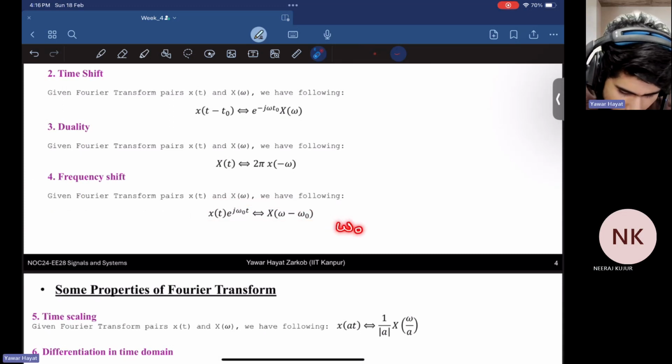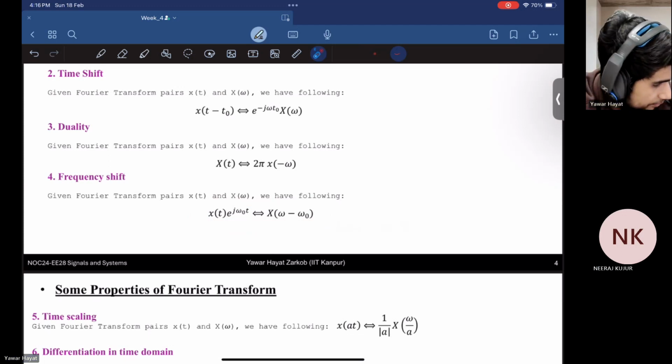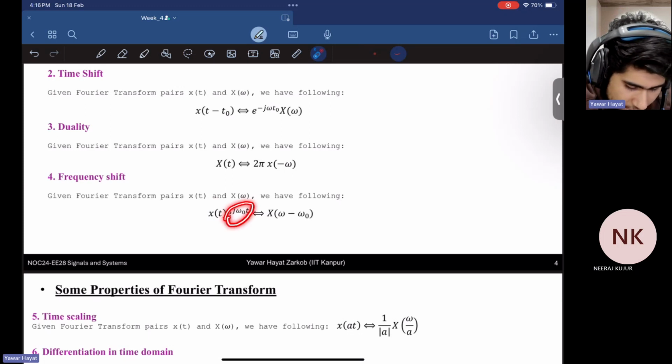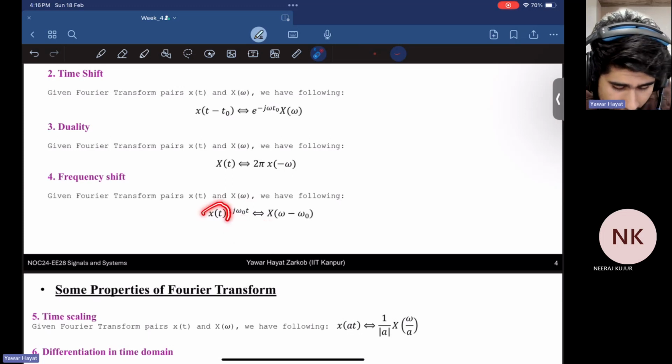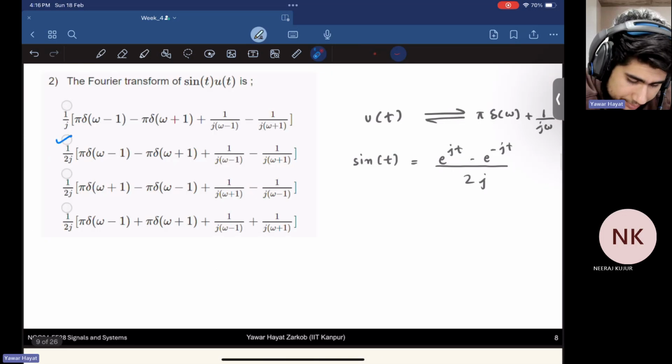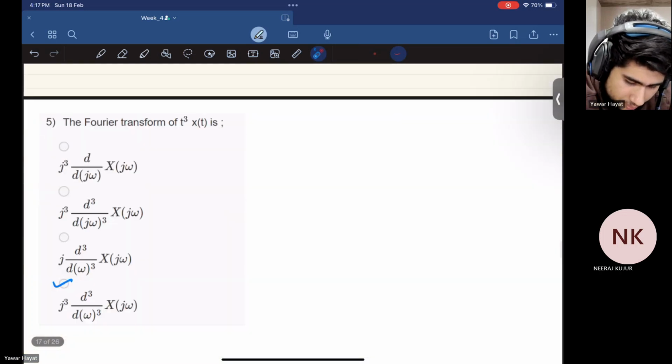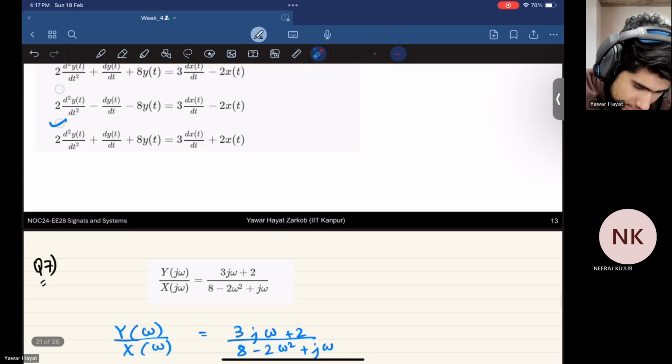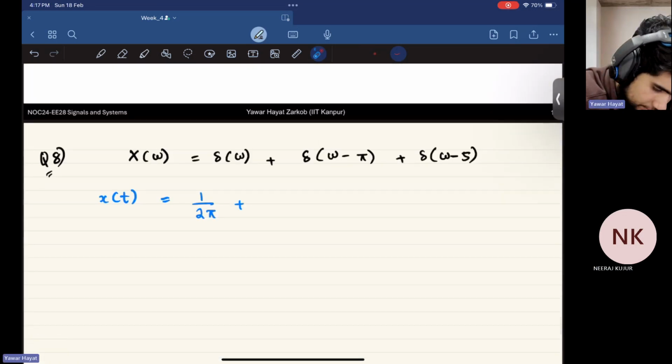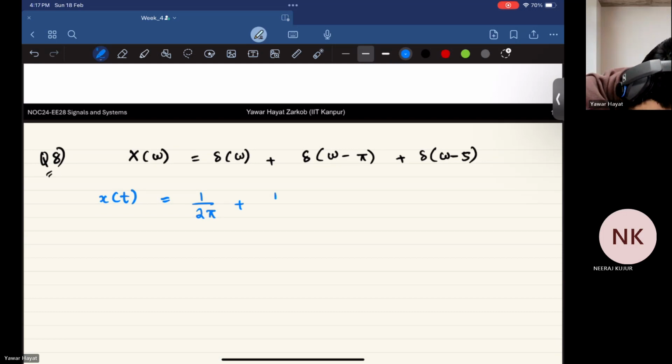In our case, omega naught is pi, so the time domain signal is multiplied by e to the power j omega naught t, that is e to the power j pi t getting multiplied to the x of t.